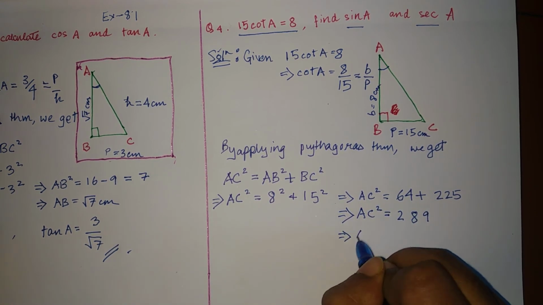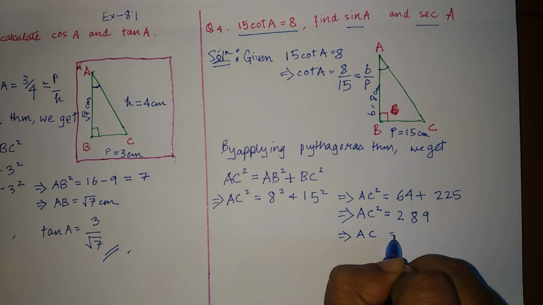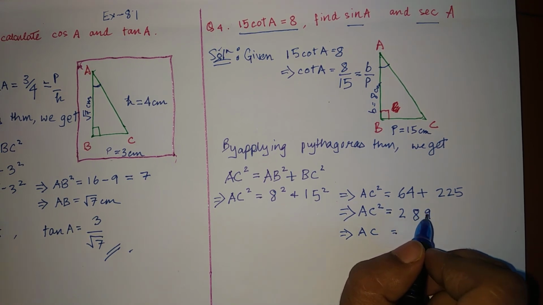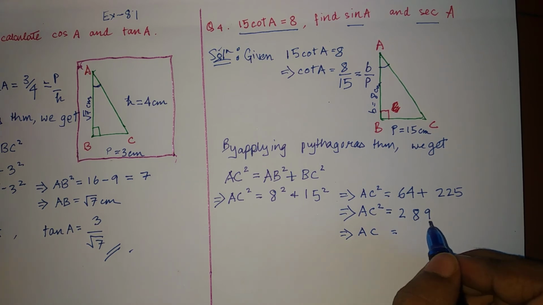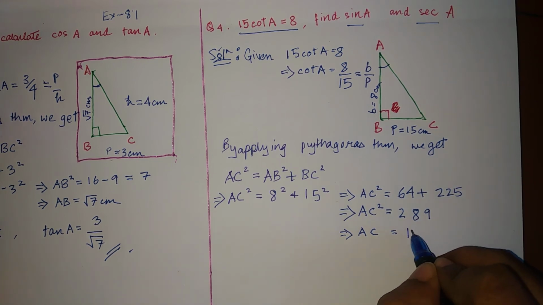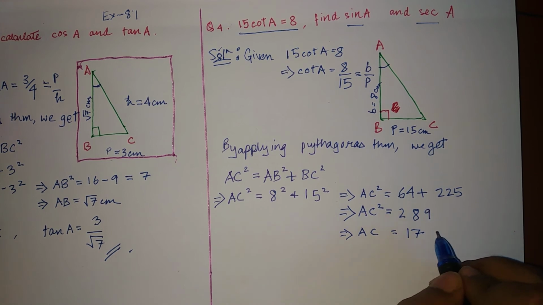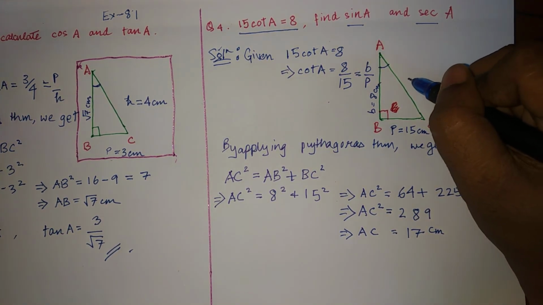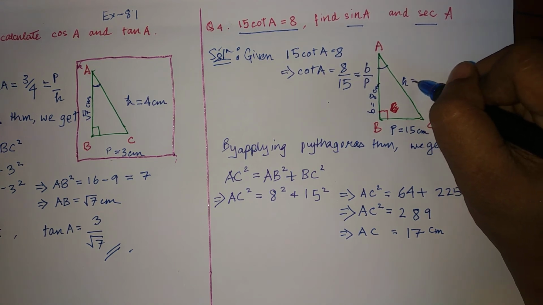So let's take the square roots on both sides. We'll get 17, because 17 square is equal to 289. So we get the value of the longest side, which is 17 centimeter.